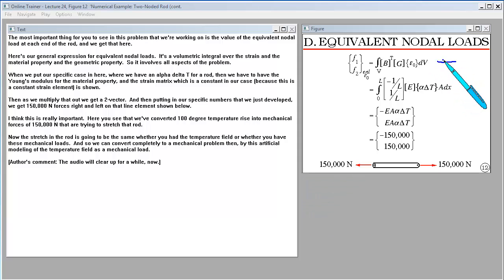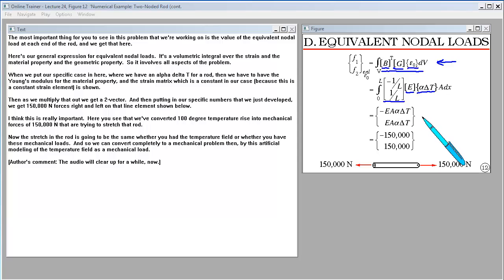Here's our general expression for equivalent nodal loads. It's a volumetric integral over the strain and the material property and the geometric property, so it involves all aspects of the problem. When we put our specific case in here where we have an alpha delta t for a rod, then we have to have the Young's modulus for the material property, and the strain matrix, which is a constant in our case because this is a constant strain element, is shown.